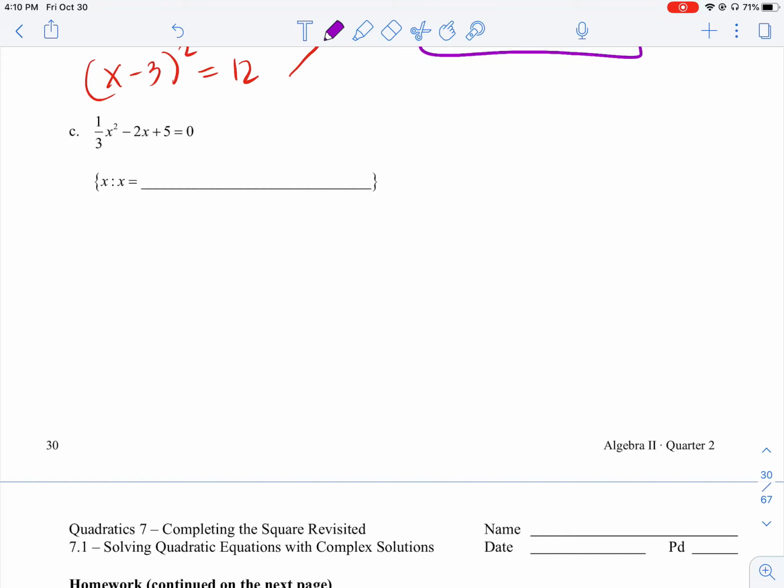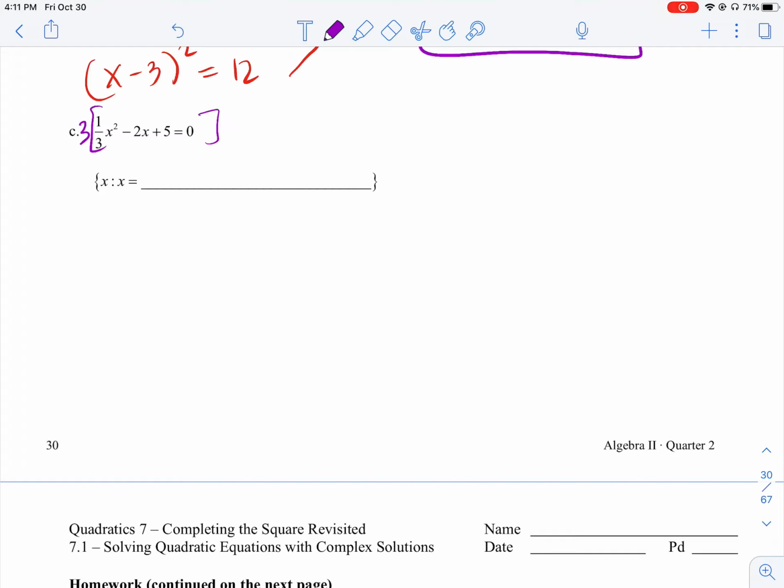So instead of me dividing by 1/3, which you could do, 1/3 divided by 1/3, negative 2 divided by 1/3, 5 divided by 1/3, I'll multiply everything by 3 instead. Because I multiply 3 onto the other side, of course I'm going to multiply 3 onto my right side also. So 3 on both sides.